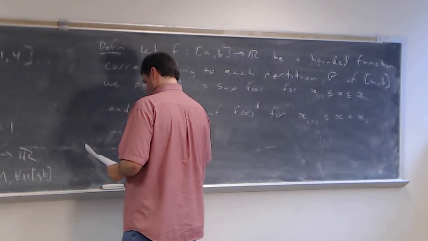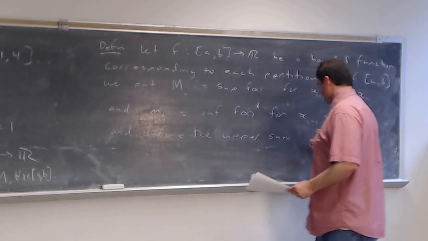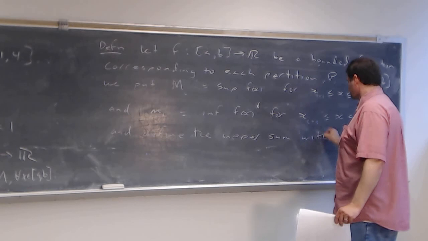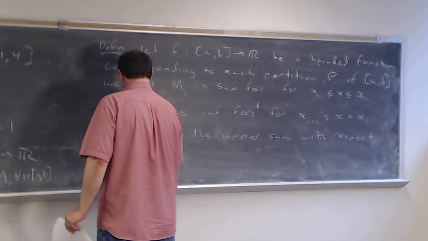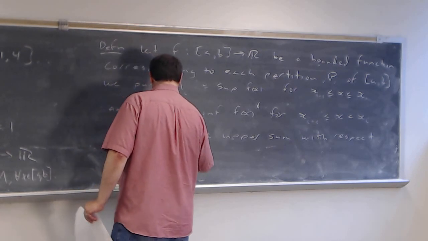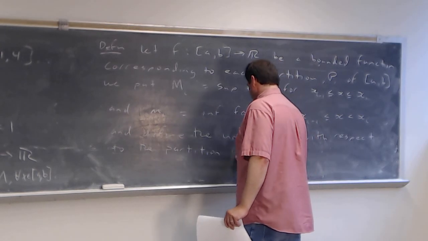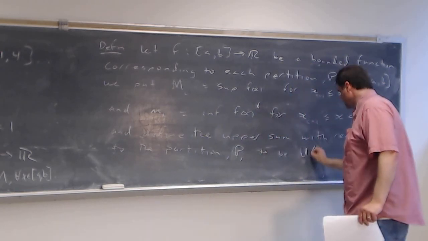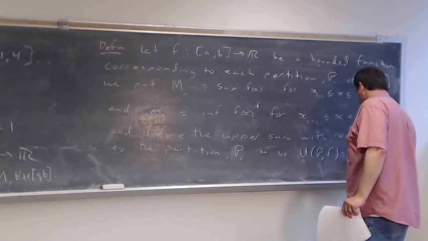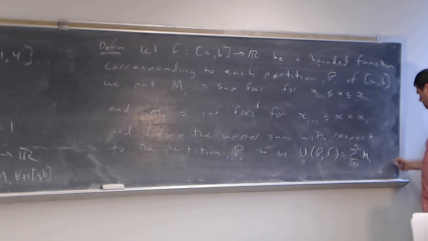And then we define the upper sum with respect to the partition, let's call it partition script P. It's U of P, f, and it's equal to the sum as i runs from 1 to n of the capital M sub i times the delta x sub i.